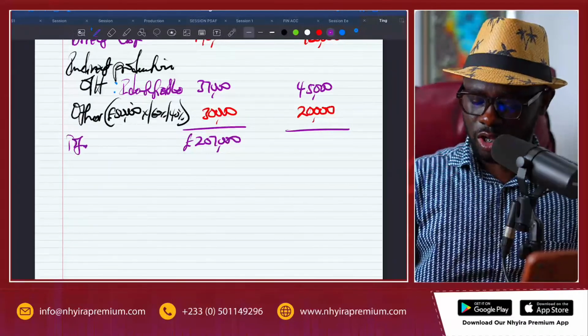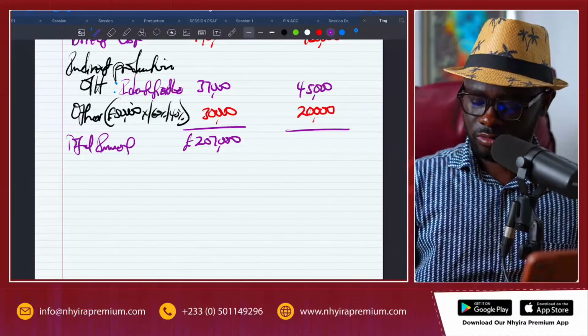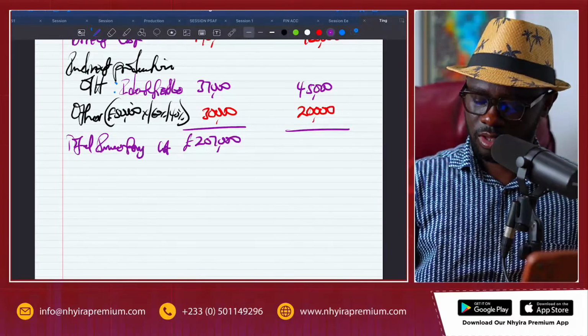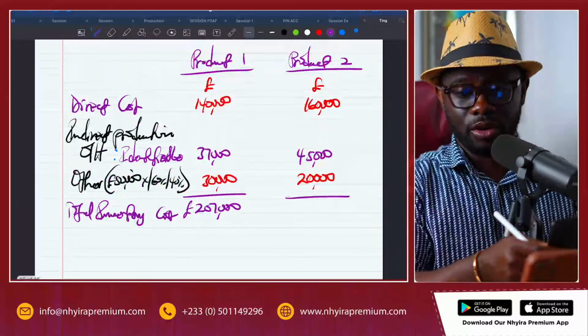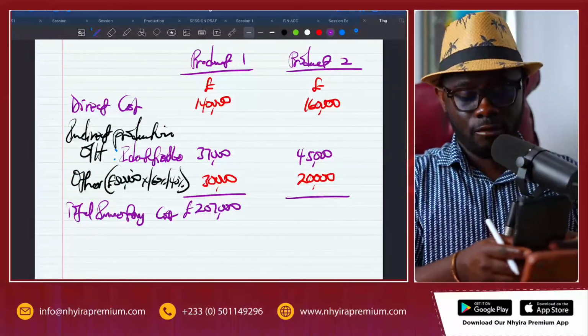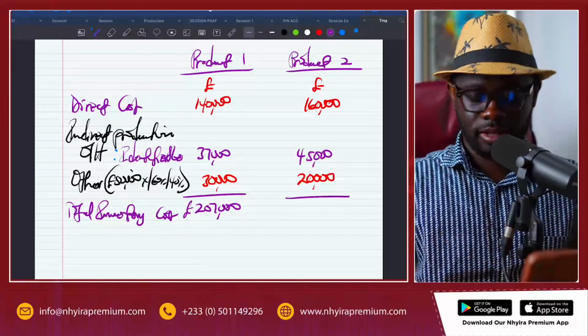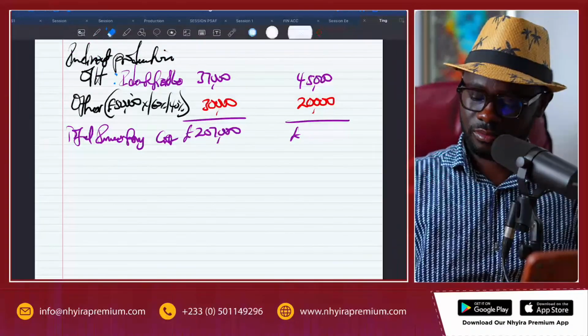So that'll be the total inventory cost for product one. Then we go 160, 45, 20. That's 225 pounds.